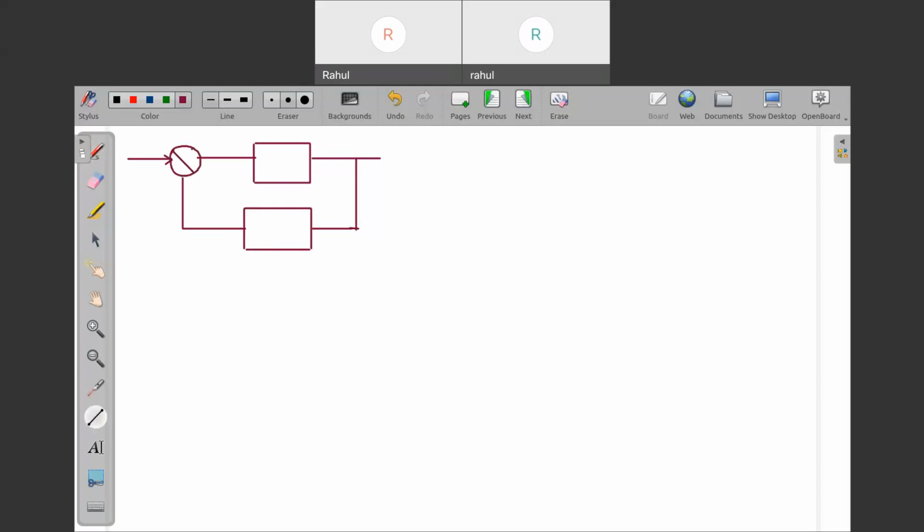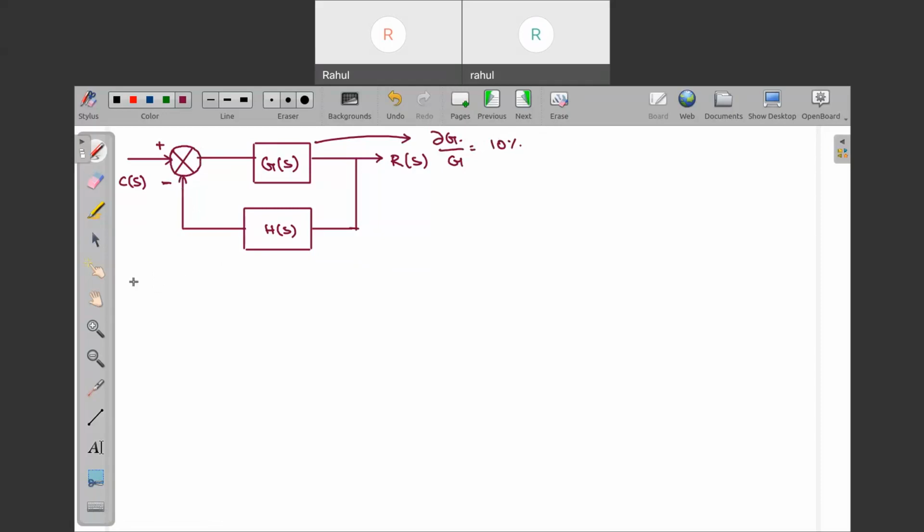Now let us assume that the parameter variation in G is again 10%. You can even assume minus 10%, but I am assuming plus 10%. Okay. So now what is the overall change in your forward path?